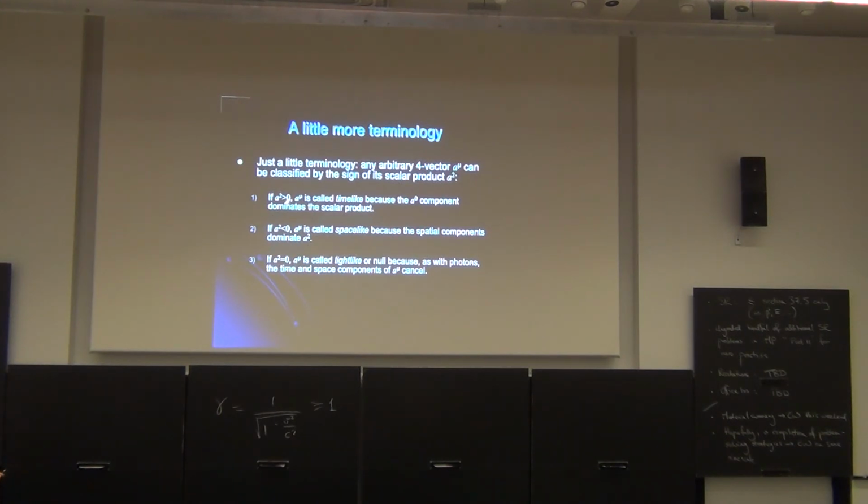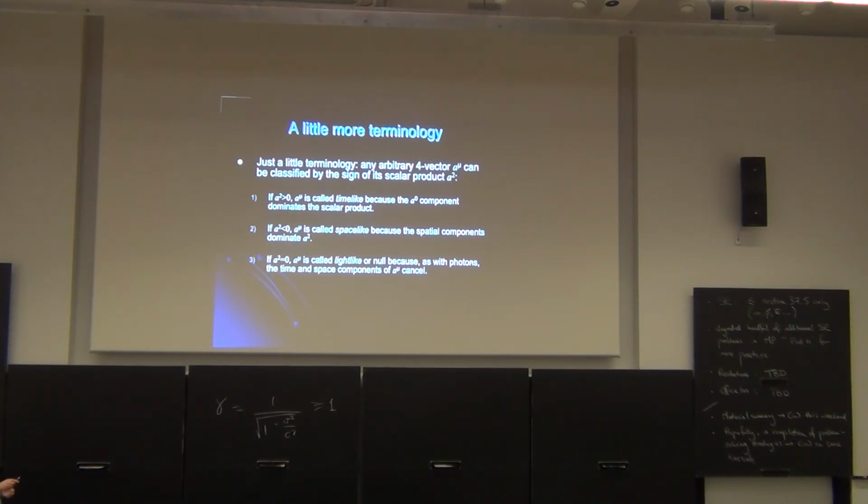So if it's positive, this thing is called time-like, because the time component somehow dominates that 4-vector scalar product that I just defined. By contrast, if it's negative, it means some aspect of the three spatial components dominate over the time component. So it's called a space-like quantity.